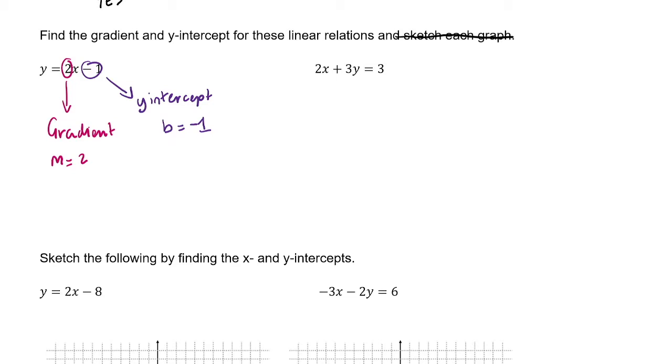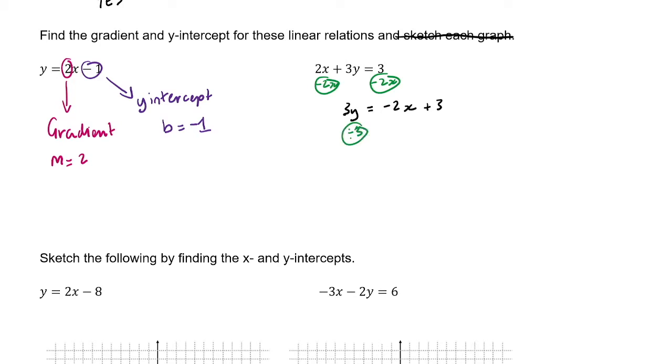So I'm going to subtract 2x from both sides, which is going to leave me with 3y equals -2x plus 3. Okay, but I want y on its own, so now I need to divide everything by 3.